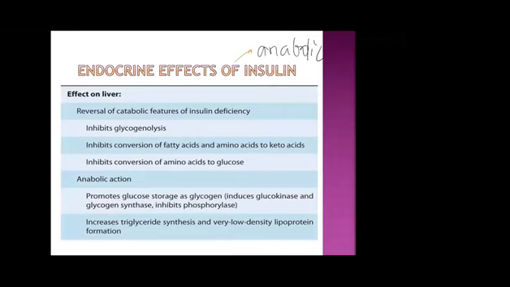Number 1, meron siya mga effects in the liver. First is reversal of catabolic features of insulin deficiency. For instance, it is a hormone that can inhibit glycogenolysis. Recalling the term glycogenolysis, that is the process of breaking down glycogen to glucose.